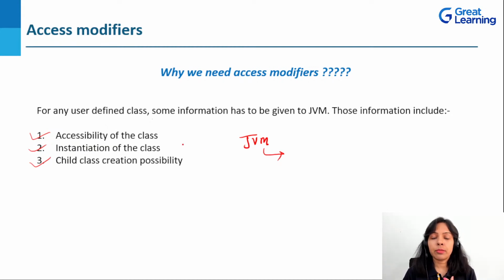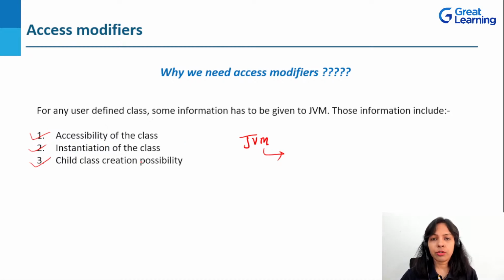Is it accessible from some other package, some other folder? If in one project I have defined a class, is that class accessible in some other project later on if I want to access it? If I have defined a method in some other programming language, like C or C++, and I want to use that method in Java, can I do that or not? All this information has to be given to JVM, correct? So that is your accessibility.